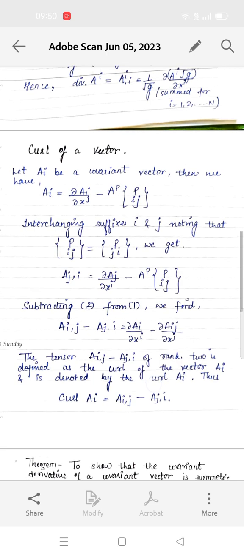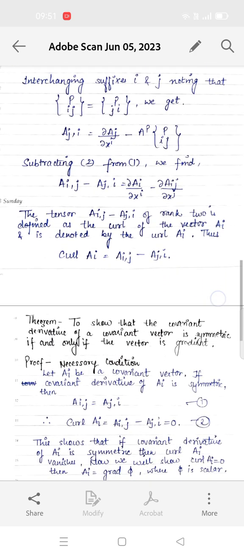Now subtracting equation 2 from the first, we will get A_i,j minus A_j,i is equal to del A_j by del x^i minus del A_i by del x^j. Now the tensor A_i,j minus A_j,i of rank 2 is defined as the curl of a vector A_i and is denoted by curl A_i. Thus curl A_i is equal to A_i,j minus A_j,i.